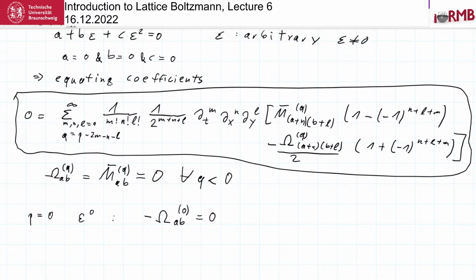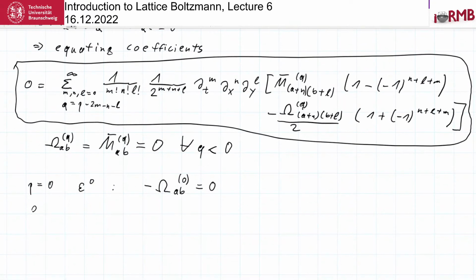So that's the only thing that's left, and it already tells us something, namely that the collision operator to order 0 is 0.